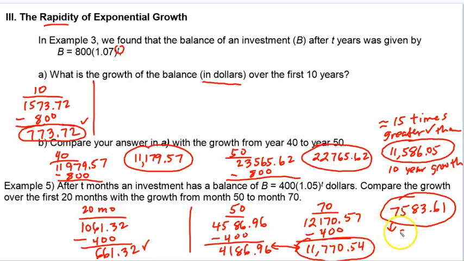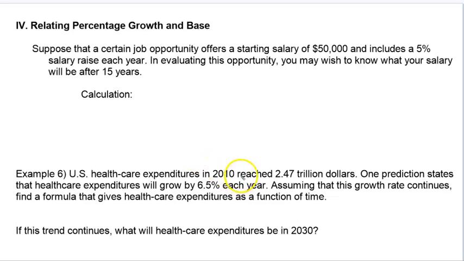This number is about 11.5 times the earlier growth. And if you're wondering how I got the 11.5, you just take 7583.61 and divide it by the 20-month number, 661. Okay, let's move on to another example.